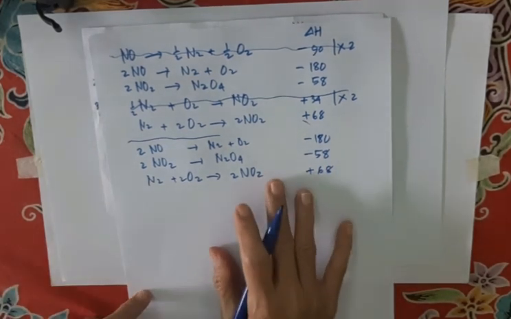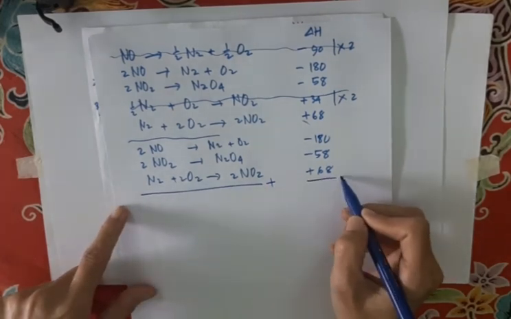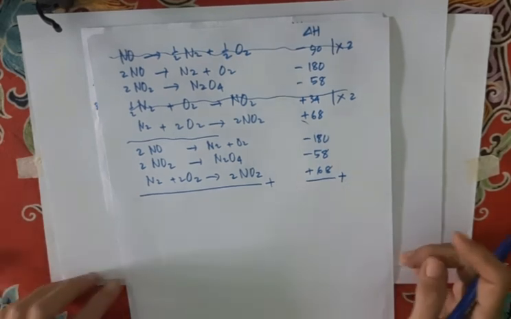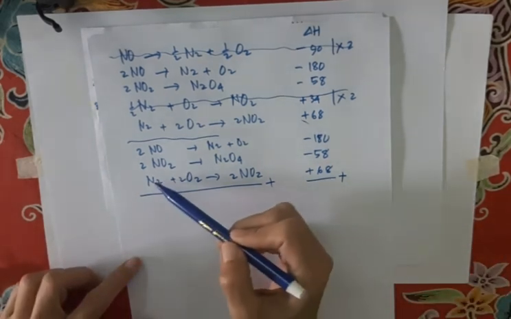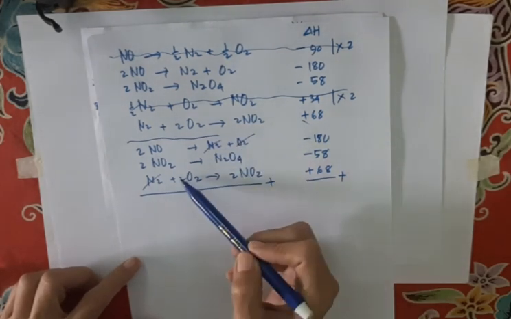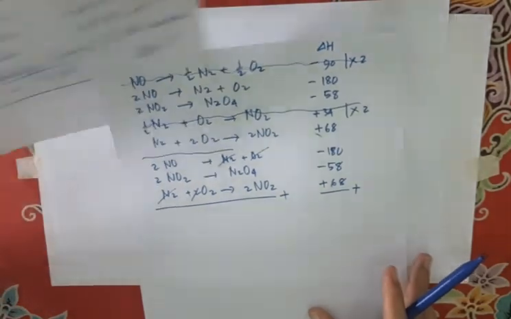We now have 3 equations, and we sum these 3 equations and also sum delta H. You can cancel out N2 and O2 here, right? Remember our focus is here.